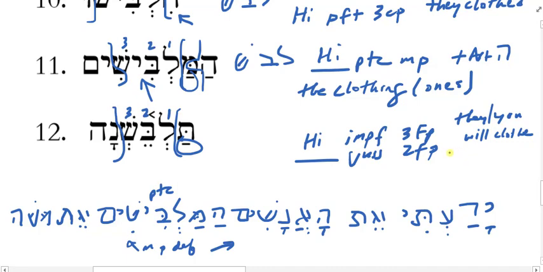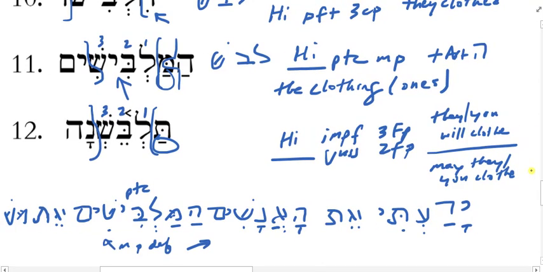And if it's jussive, it's may they or you clothe someone. Because the hifil is active, we're expecting a direct object here. So that's the forms there. All right, any questions about these? If not, then let's look at the homework.